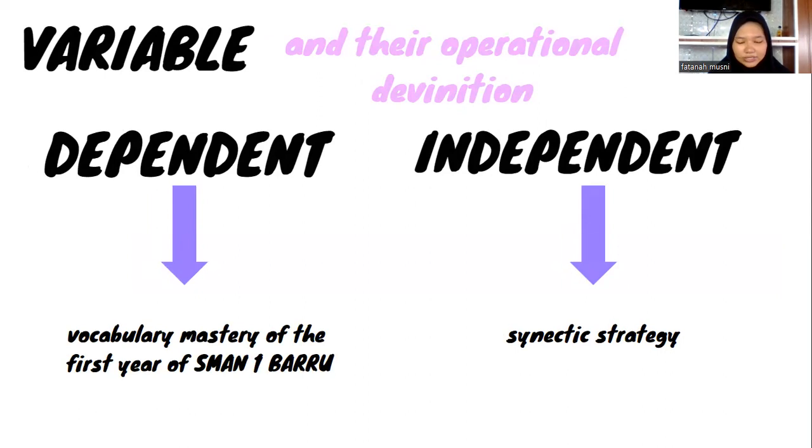It is the first step for the student if they want to achieve their goal to speak English fluently or learn English skills. Meanwhile, the independent variable is synectics strategy. Synectics strategy is to develop student creativity, problem solving skills, and personal creativity.